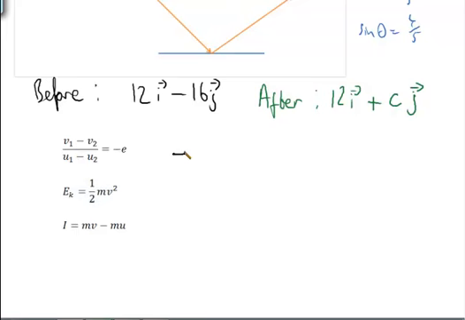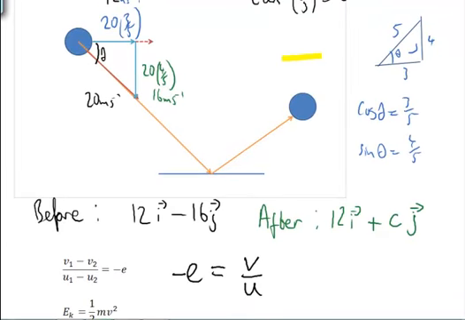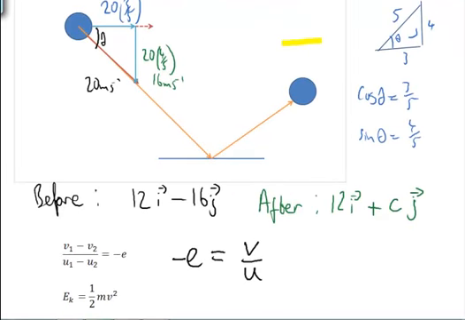It's going to be minus E is equal to V over U, final velocity over initial velocity. Now we know the initial velocity in the J direction. I'm just going to highlight it in this blue highlighter here. It's this one here, 16 meters per second. Minus 16, so that's going to go into the initial there.